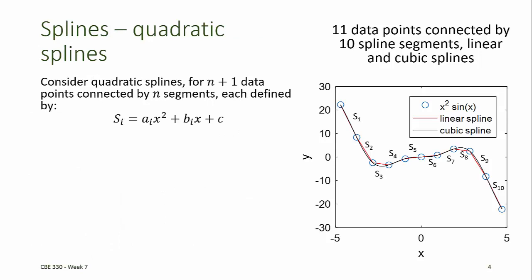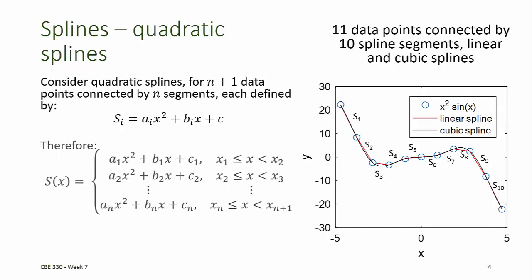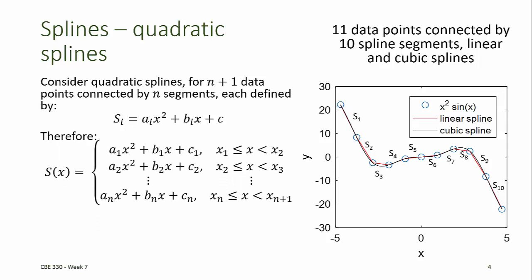A quadratic spline also connects n plus 1 data points using n segments, where each segment is a quadratic equation. And we would use a different quadratic for the region between the first and second points than we use between the second and third points, and so on, just like we do for the linear spline. Only now we have 3 sets of coefficients.